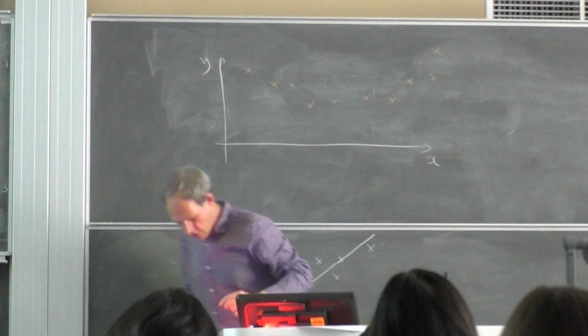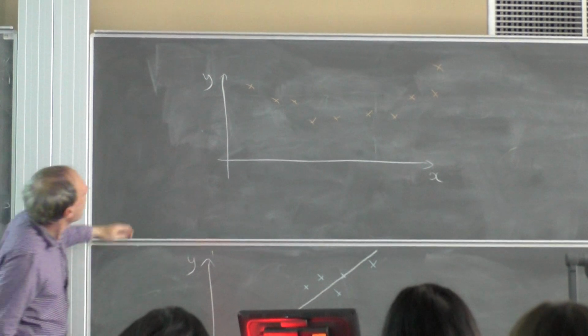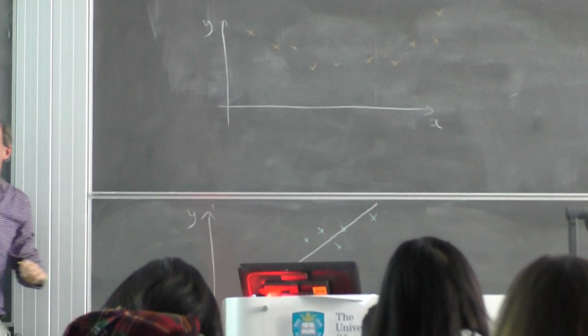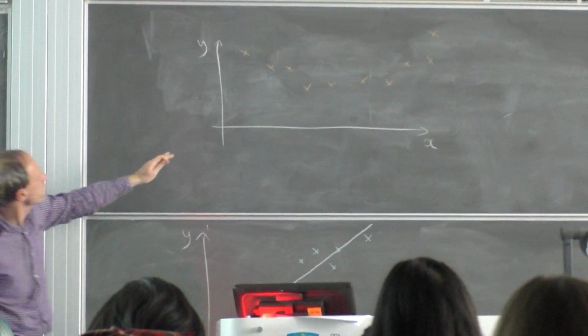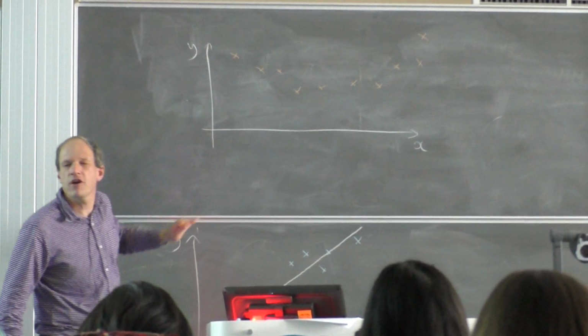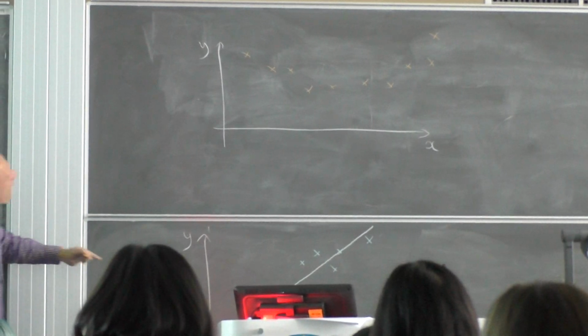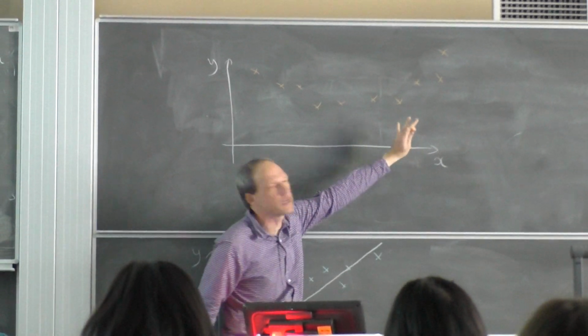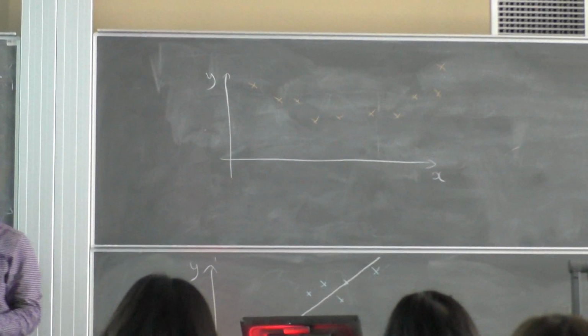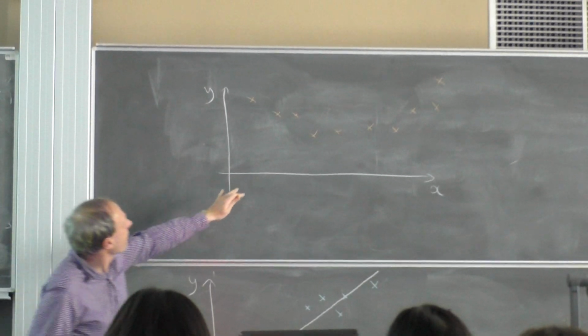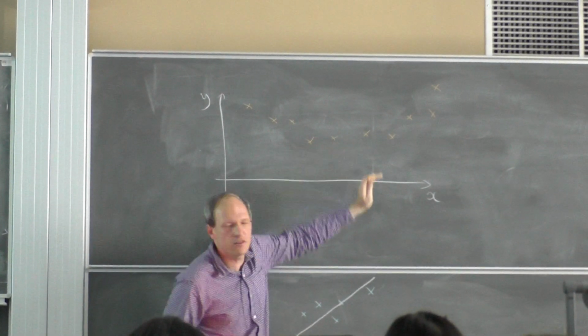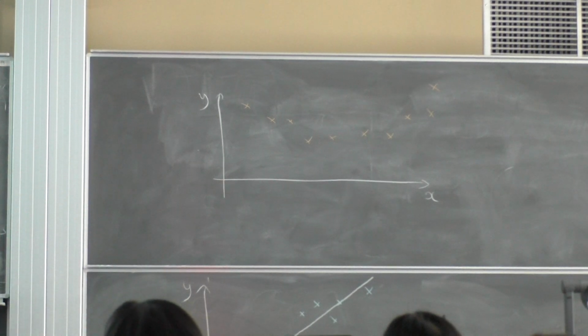Okay, so what's going on here? What does it look like is going on? Well, it looks like for small values of x, you tend to get relatively large values of y, but for large values of x, you also seem to be getting relatively large values of y. Your smaller values of y seem to be in the middle as far as values of x are concerned.